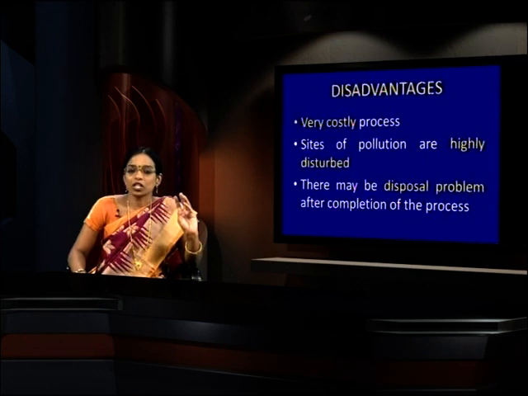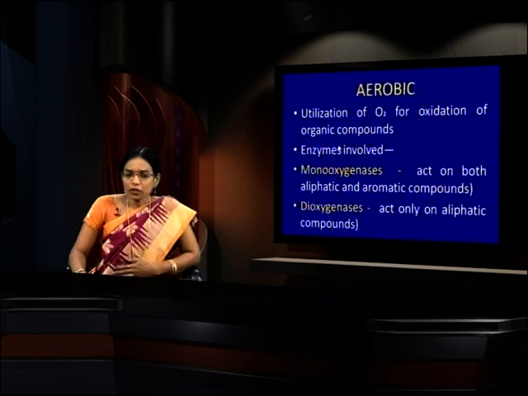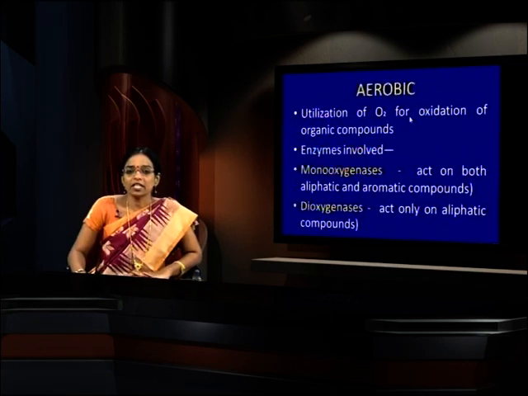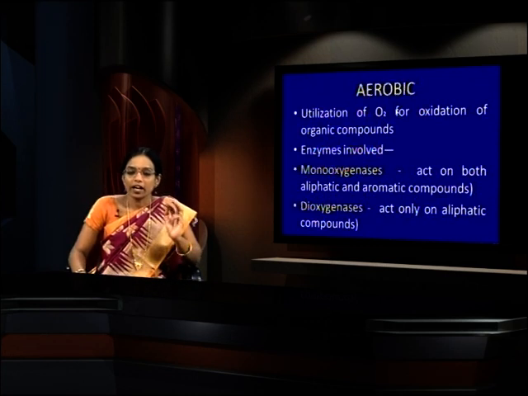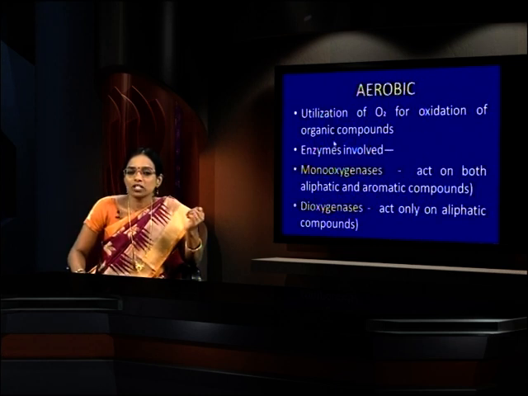Now, based on the utilization or reaction steps, we are categorizing the bioremediation types into 3 types: aerobic, anaerobic and sequential. If you see this aerobic, utilization of oxygen for oxidation of organic compounds, and what are the enzymes involved here?